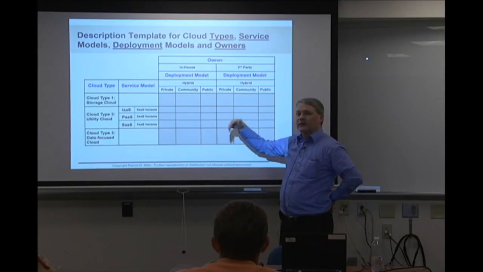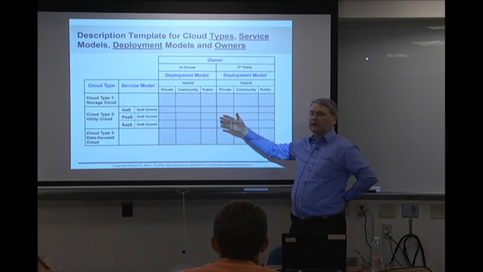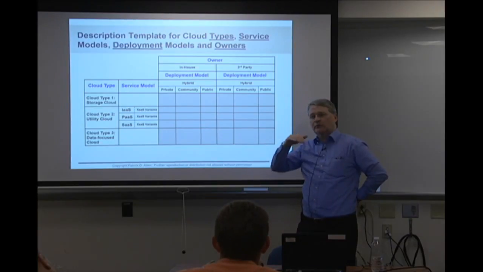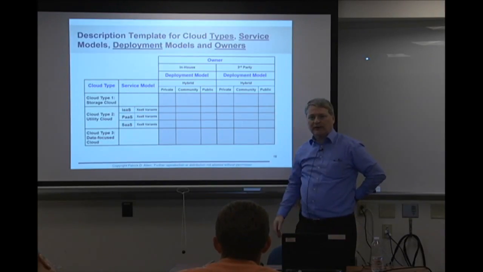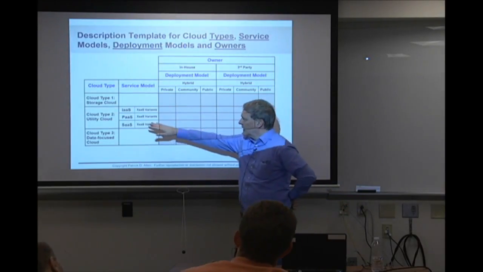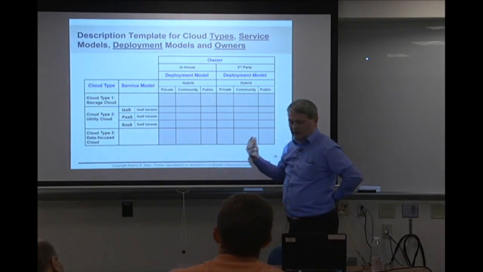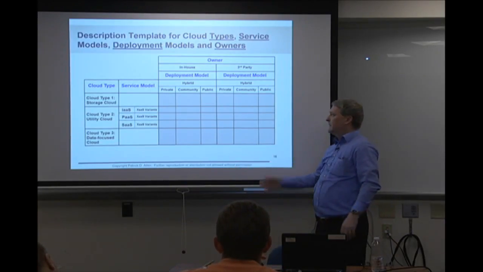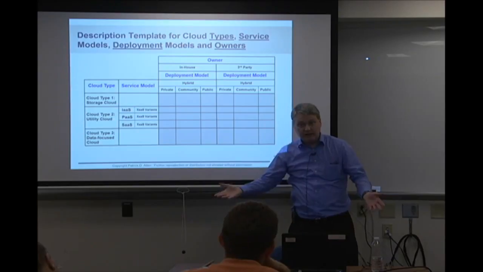If it's private, you're going to pay a little bit more for the private part. Community, probably around the same as private, because you're basically limiting the number of people who have access. And then depending upon the IaaS, the relative costs are a function of how many VMs you use, and the size and the speed.